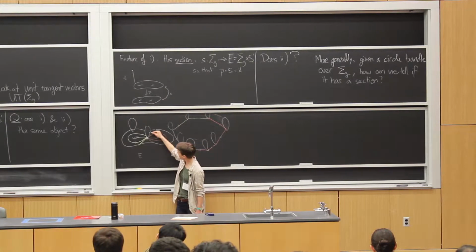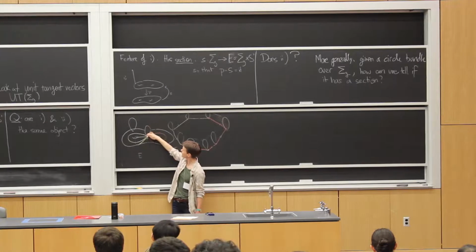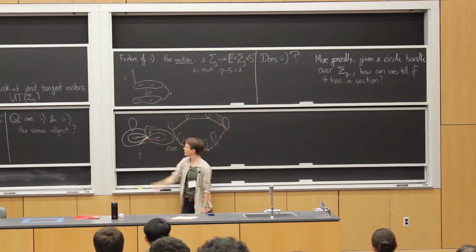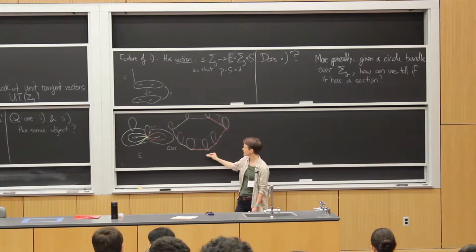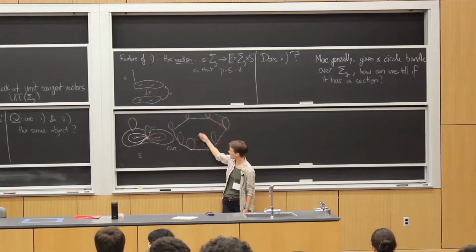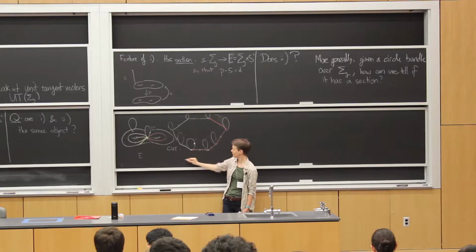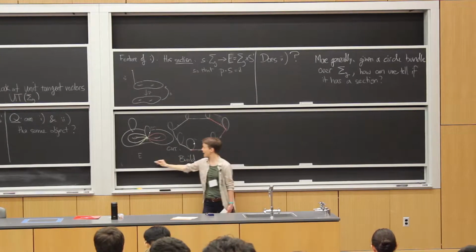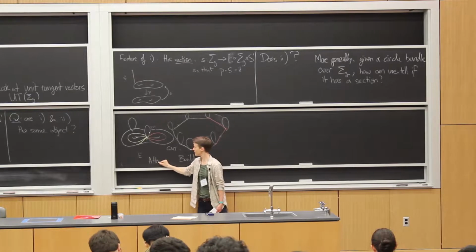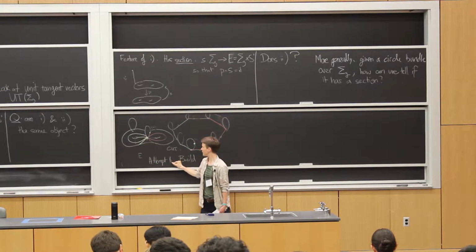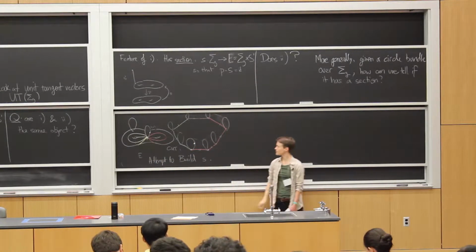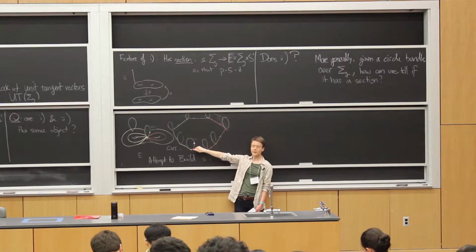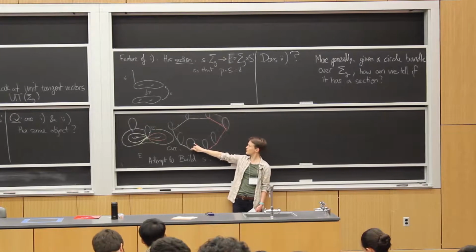If this is my point x, I'm supposed to choose some point on this circle that will be S of x. So suppose I do this. I'm here with some point, some candidate for my section. So let's build S, attempt. Well, I can't just choose this willy-nilly. This circle I drew was the same as this one.